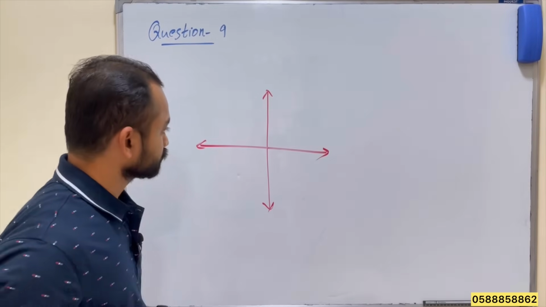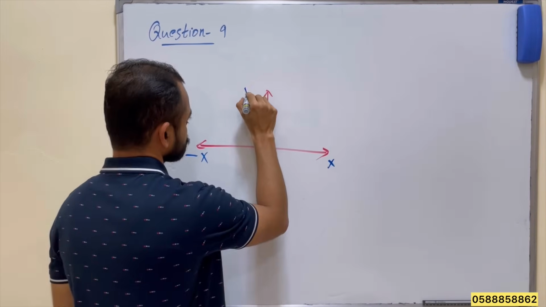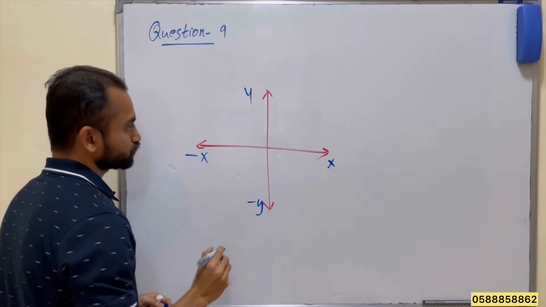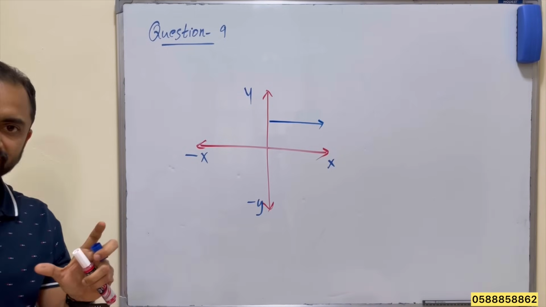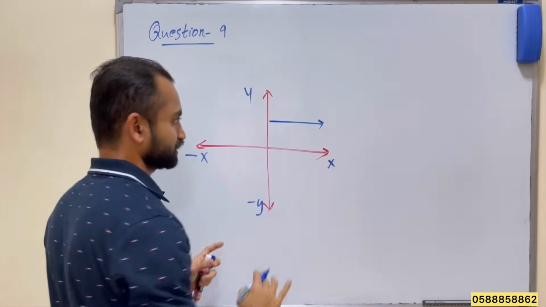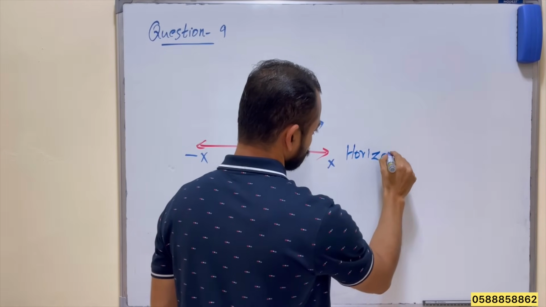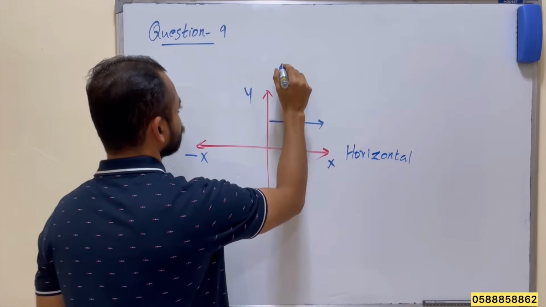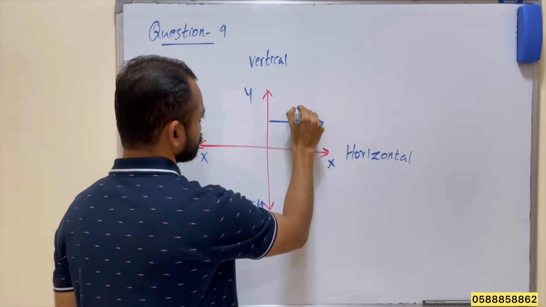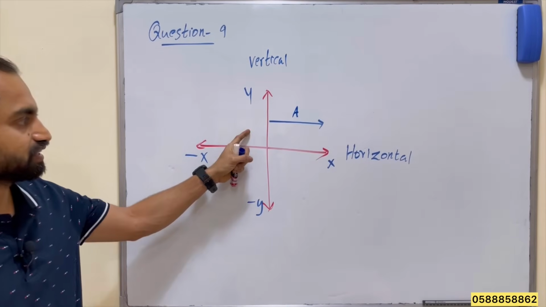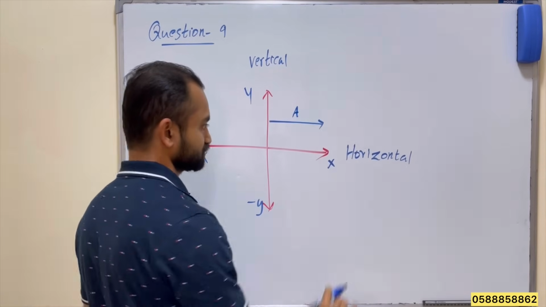This is the positive x, negative x, positive y, negative y. So you have a vector like this. This vector is completely along the x direction. We call x horizontal and y vertical. We will name this vector A. Vector A is completely along the horizontal direction, along the x-axis.